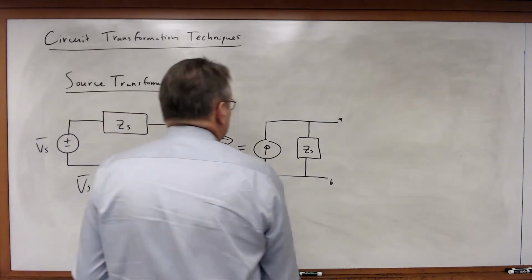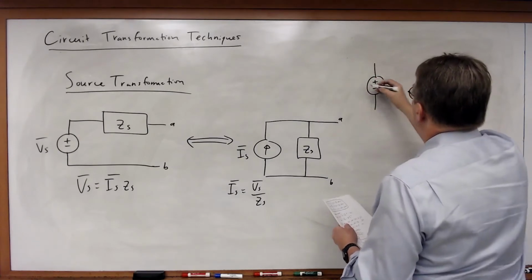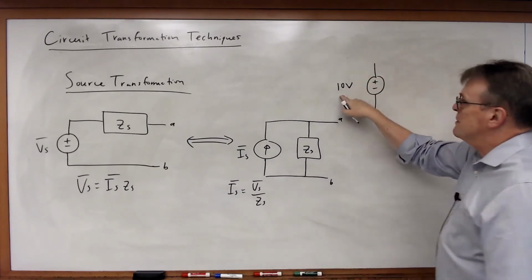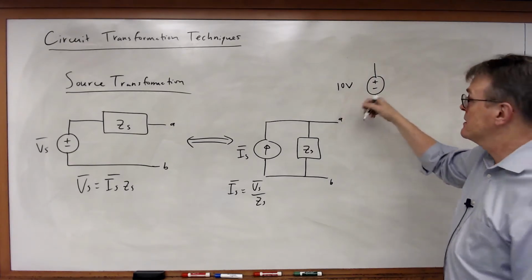And if I wanted to do a simple example, I could, for example, have a voltage source. This is 10 volts. Notice that's the rectangular form, so that's 10 plus J0 volts.